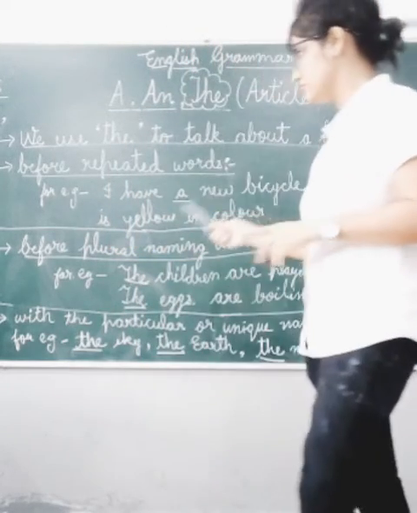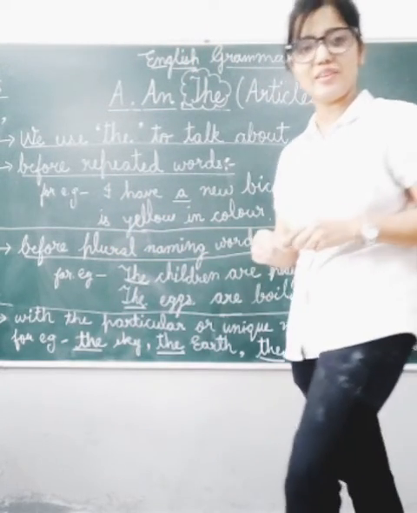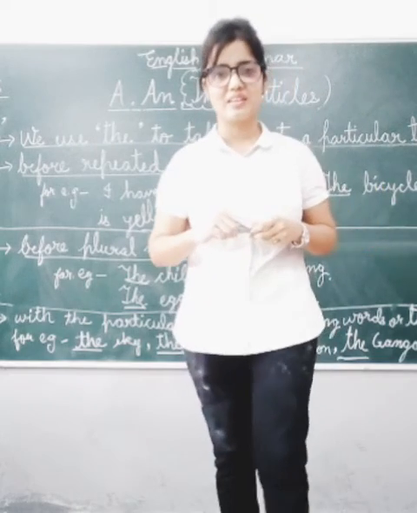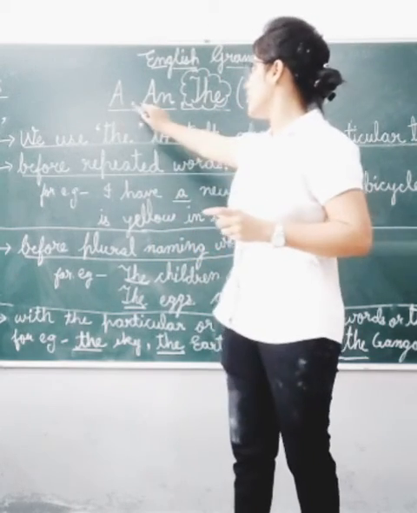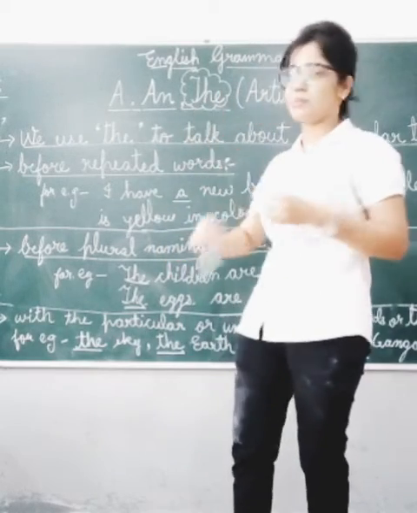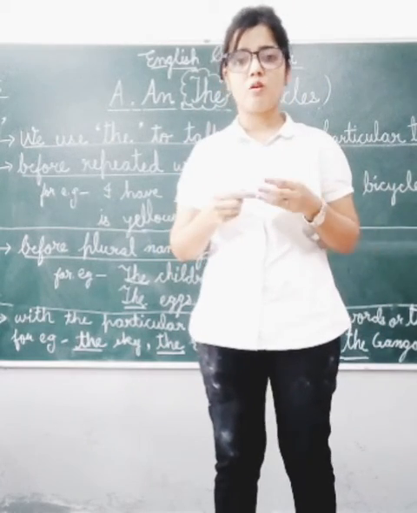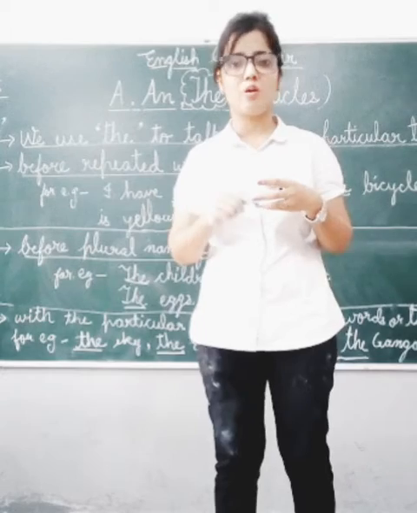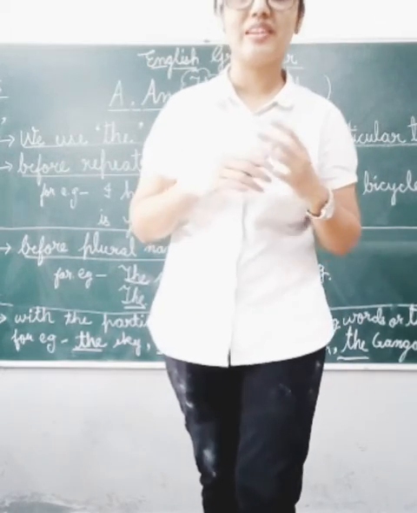So that's all about the use of articles. I hope it is clear to you. Now you know that a and an mean one, when we talk about one object, and the is used with plural things, things which are repeating, or some famous or particular thing.